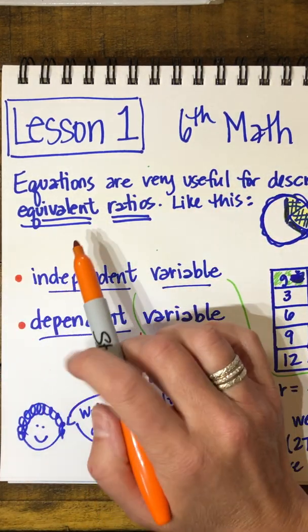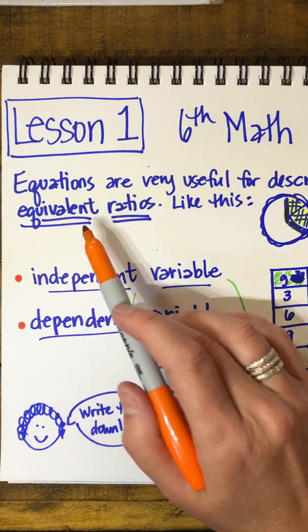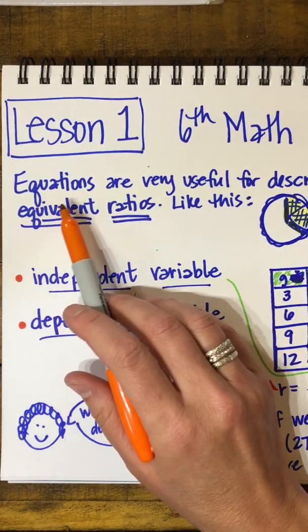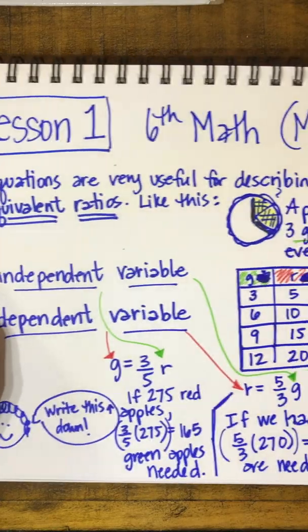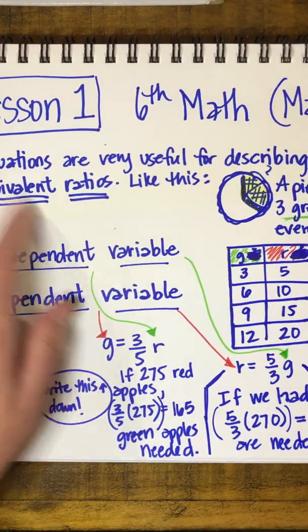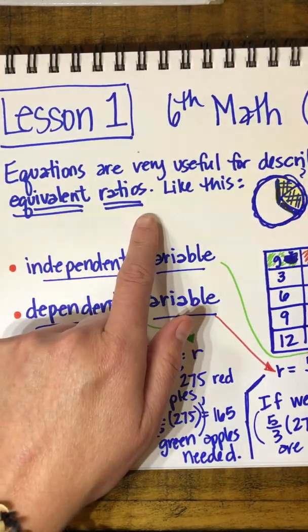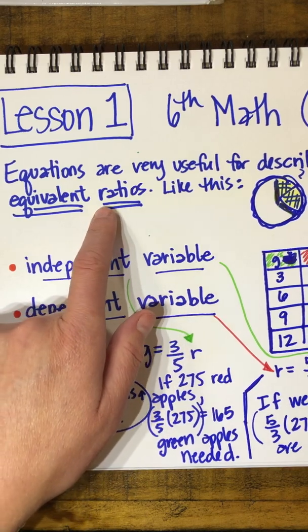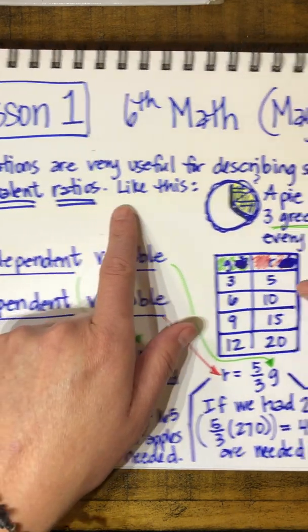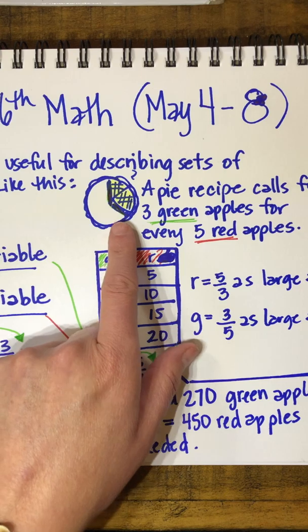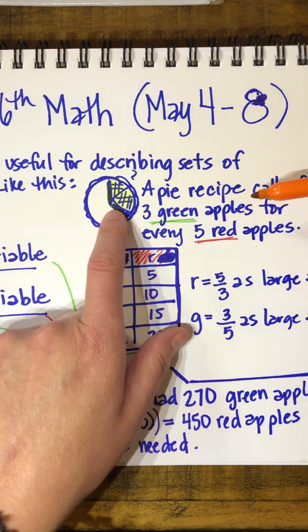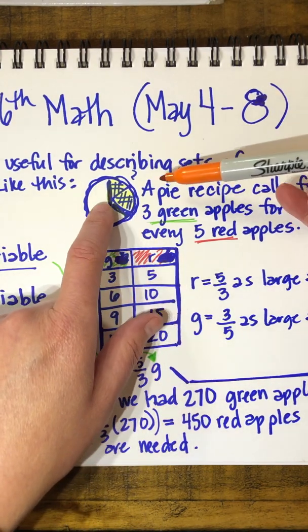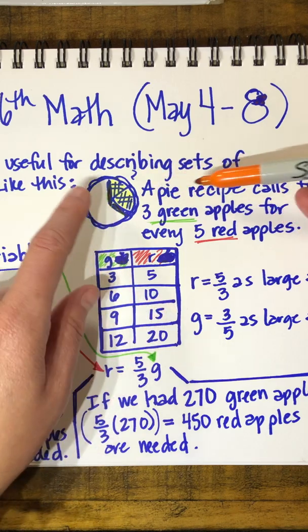So as you know, we've been talking about equations and expressions, and we know that equations are very useful for describing sets of equivalent ratios. Well, they're really useful for describing any relationship between quantities, especially equivalent ratios like this. So here's an example with a recipe. I like using food contexts, as you guys know.